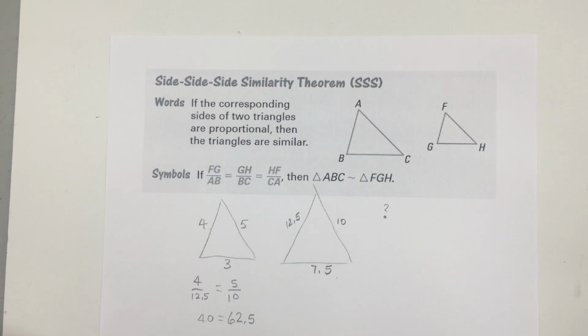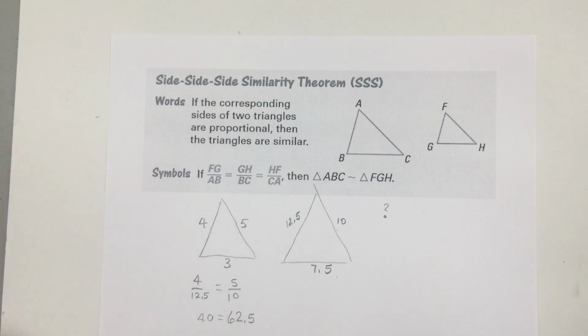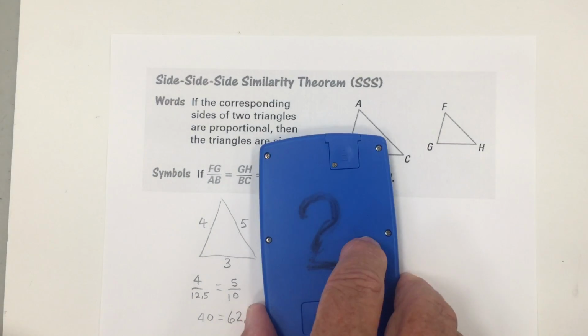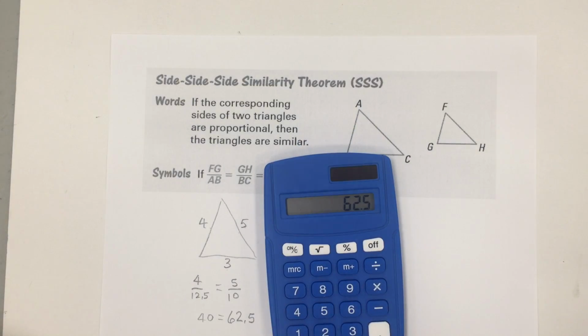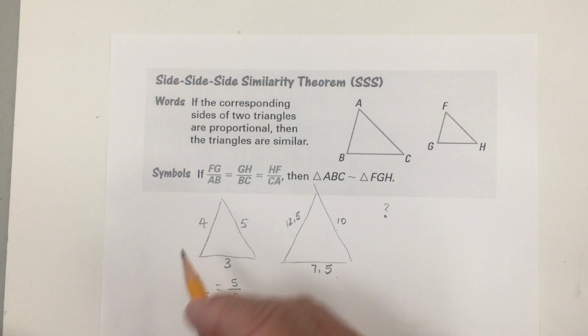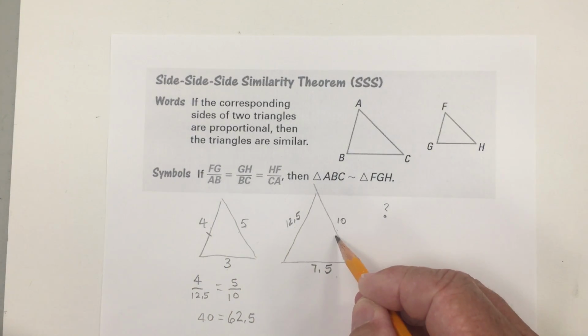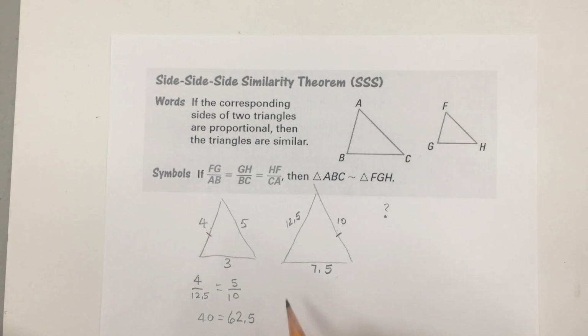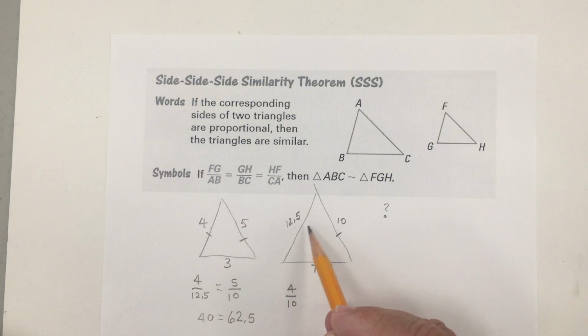So what do we do? Well, maybe we could take this triangle and flip it over and see what happens. So let's see if 4 corresponds with 10. So we'll say 4 over 10. That means if we flipped it over, 5 corresponds with 12.5.